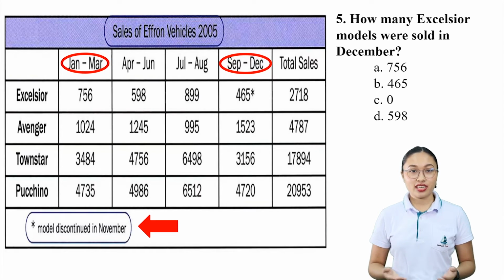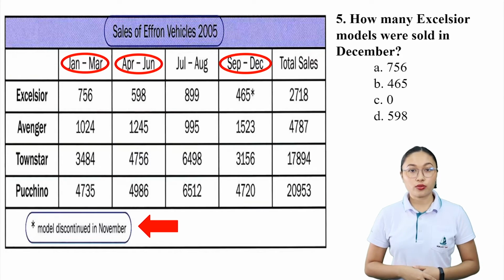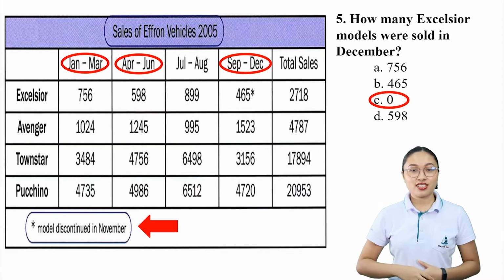Lastly, letter D, 598 are the figures sold in the months of April to June. As said, the model was discontinued beginning in November. In other words, there are no sales in the month of December. So the answer is very good. Letter C, 0.